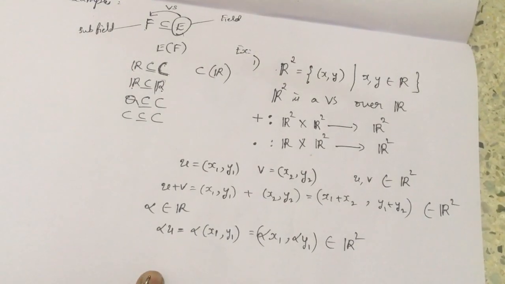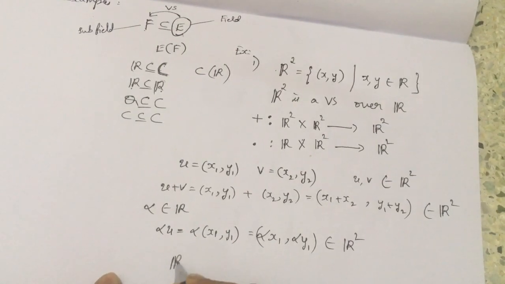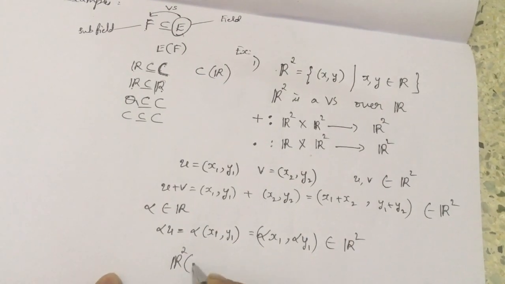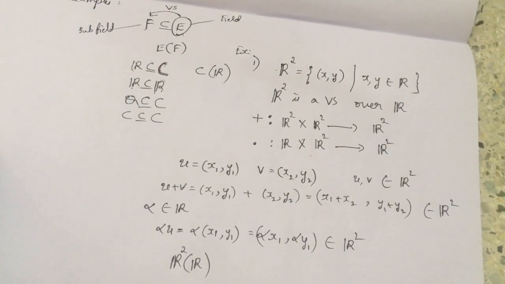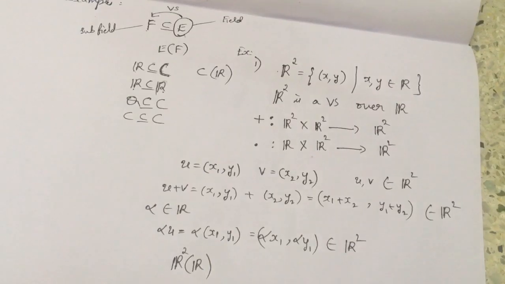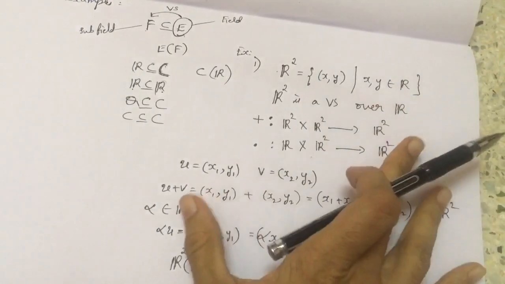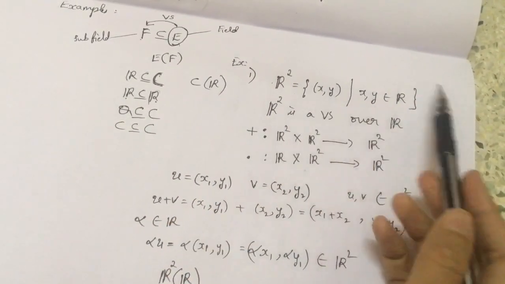Thus I can say that R2 forms a vector space over R. Similarly, we can give examples saying Rn forms a vector space over R.